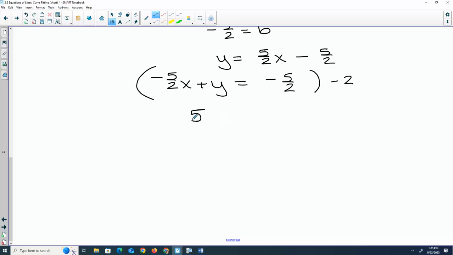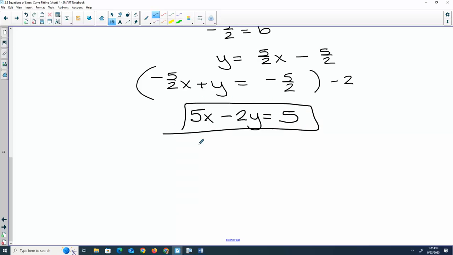So I get a positive 5x minus 2y equals 5. Are there any questions about writing our equations? Is this familiar, hopefully?